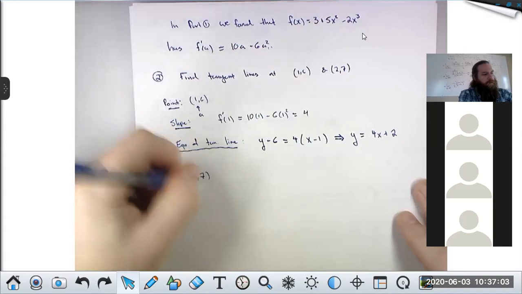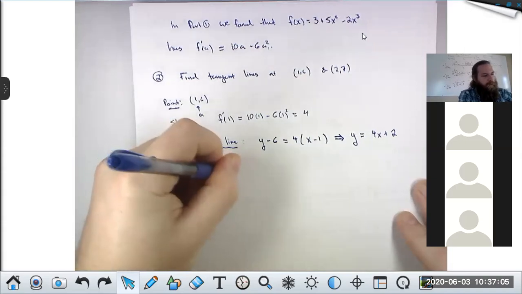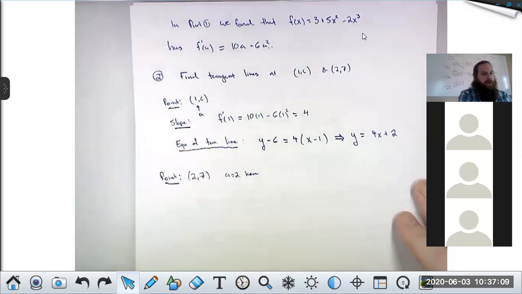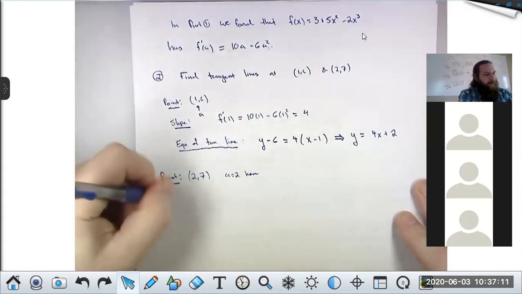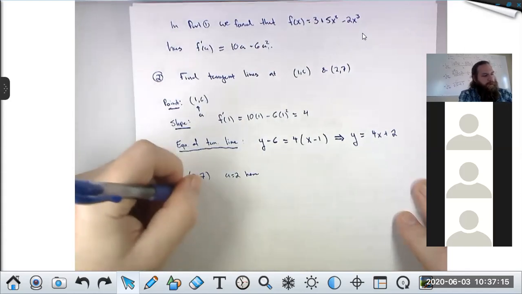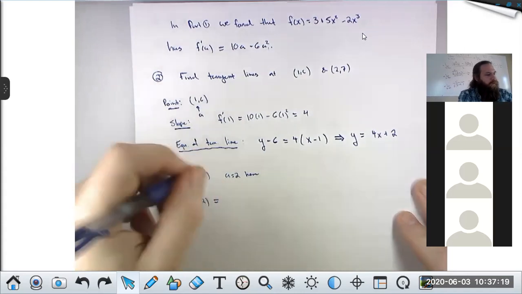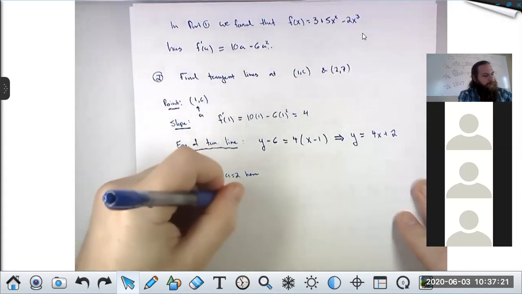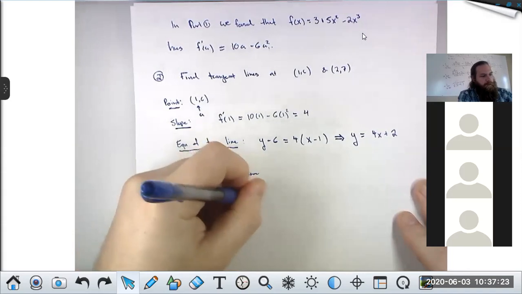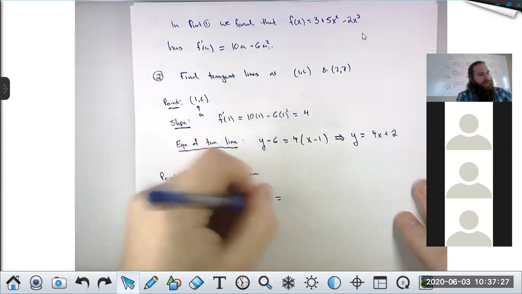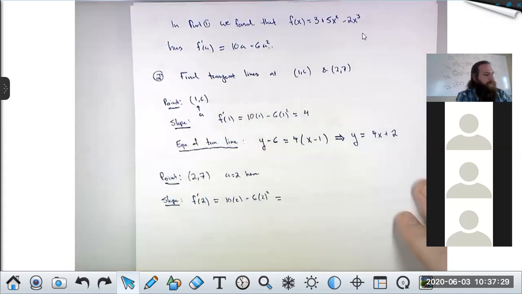Again, here a equals 2, because this guy is always a. My slope is always f prime of a, so that's f prime of 2, which is 10 times 2 minus 6 times 2 squared, which is 20 minus 24. So that's minus 4.